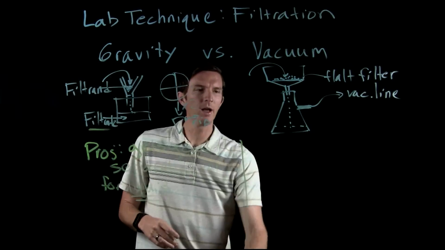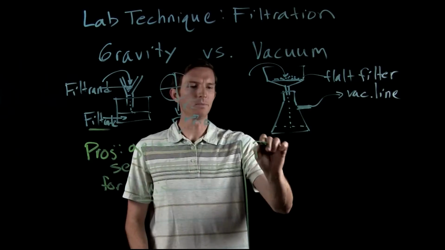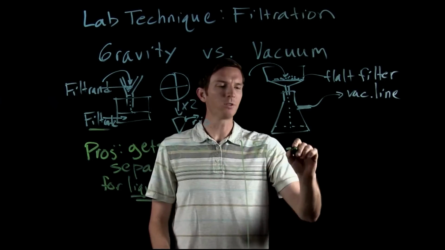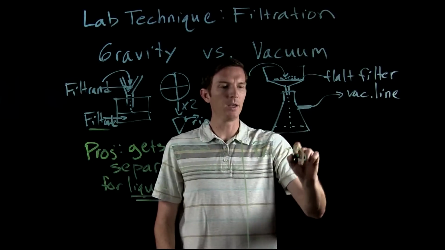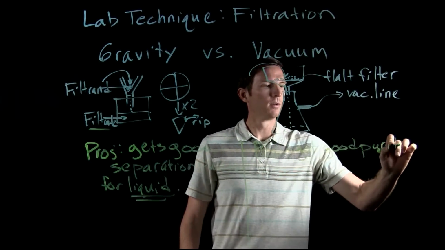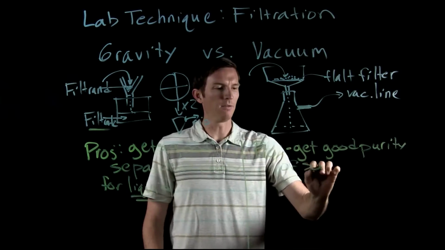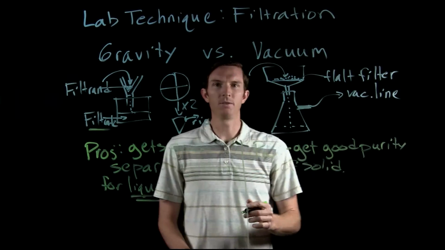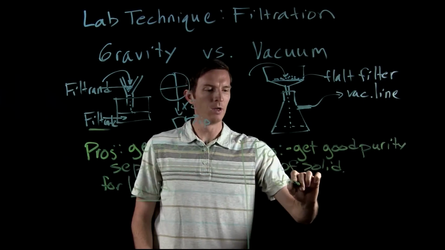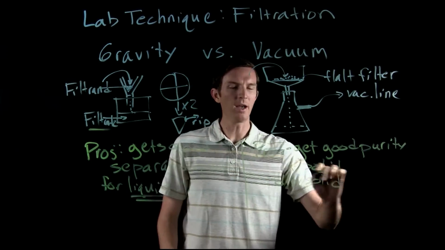Then we talk about vacuum filtration. The first pro of vacuum filtration is that we get good purity of our solid that we have left over. This is important, and usually this is also helpful to dry the solid.